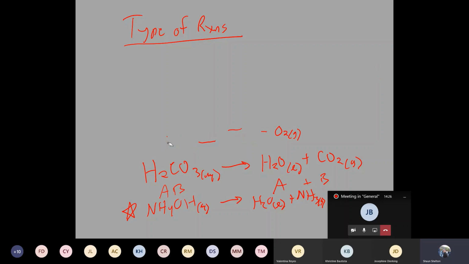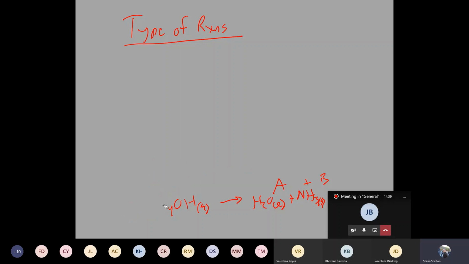We are going to look at that first. The single replacement reactions, we will look at towards the end, and I don't think we will get to that today, but we will focus on the double replacement reactions. What I'll do here is break that down for you. So the 4th type is double replacement.